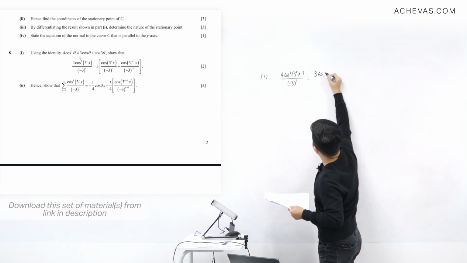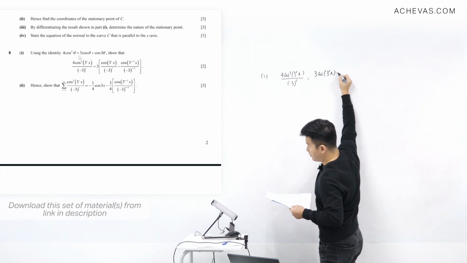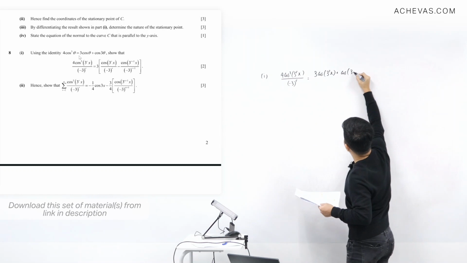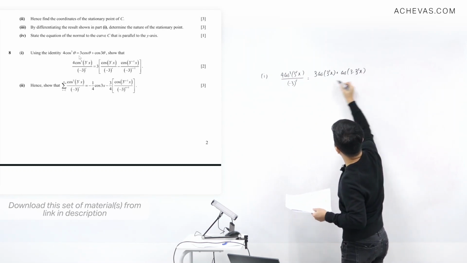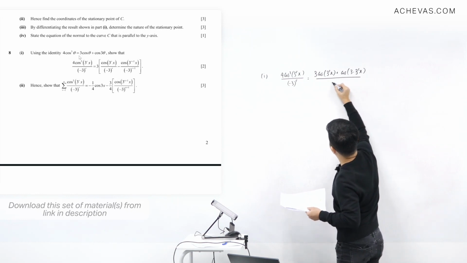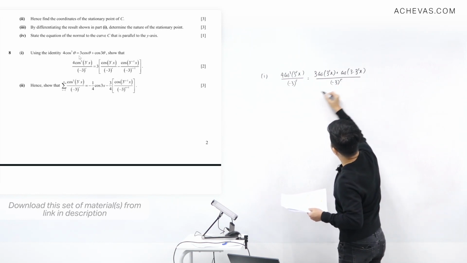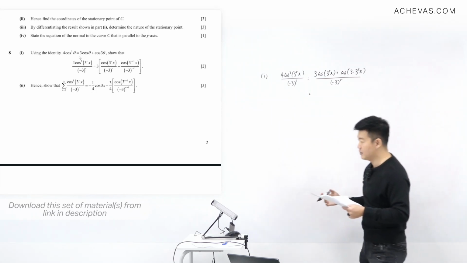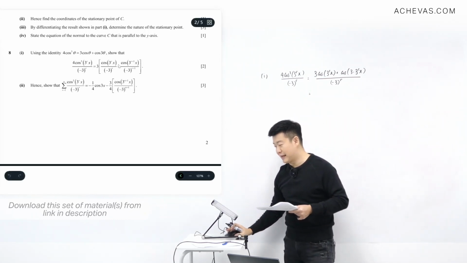I'm going to replace theta by this 3rx. Then after that, plus cosine of 3 times 3rx, 3 to the power of rx. Then this is going to be divided by negative 3 to the power of r. We can re-express this because our objective is to try to get this.